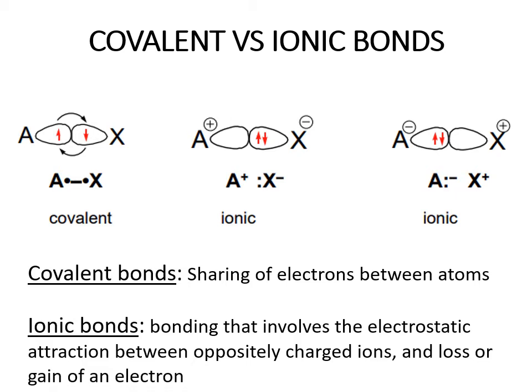So the ion sodium, which is Na+, is attracted to the chloride ion, which is negatively charged, right? That's ionic. Okay, so ionic bonds involve the electrostatic attraction between oppositely charged ions, and often it can result in the loss or gain of an electron.